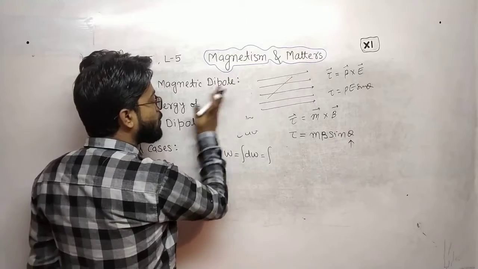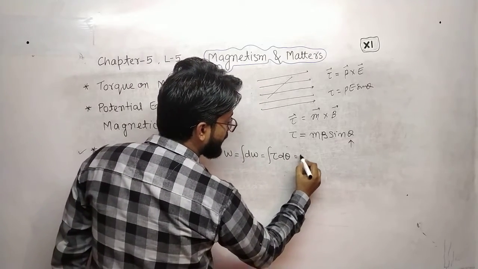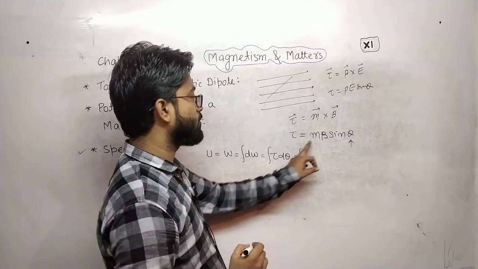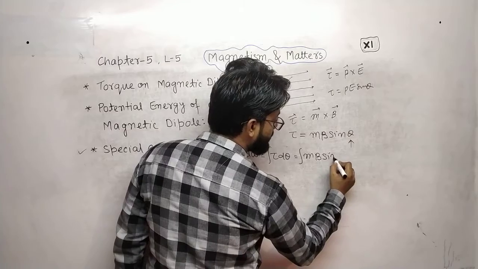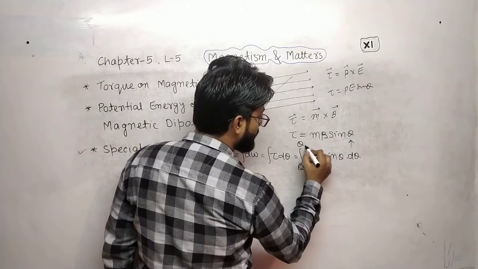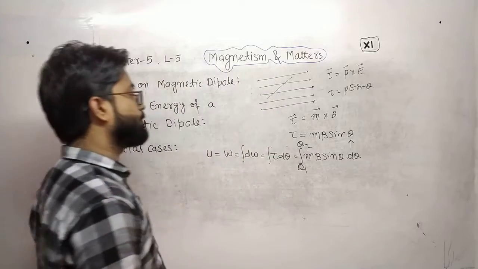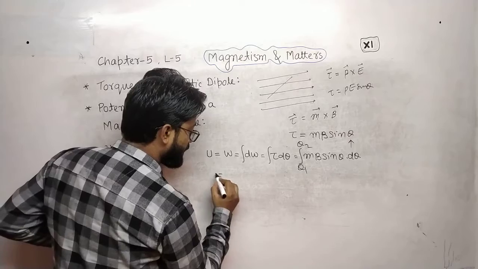Okay, now in place of dW we can write tau d theta. In place of tau you can write MB sin theta, MB sin theta d theta from theta 1 to theta 2. Now let us try to integrate.